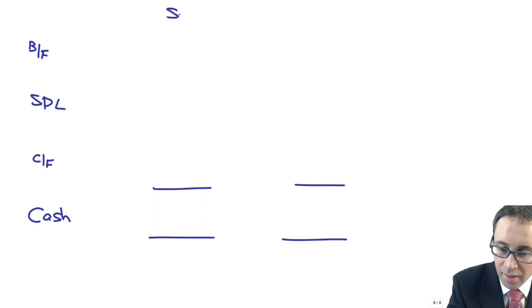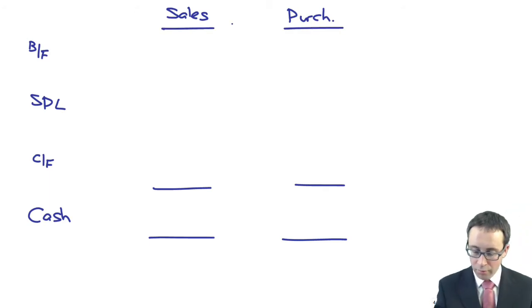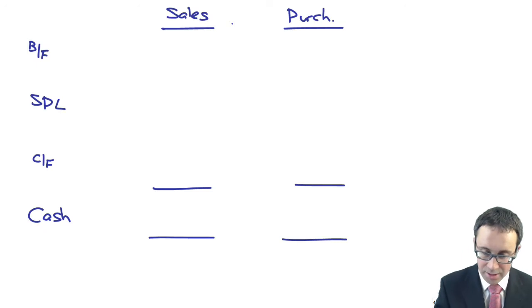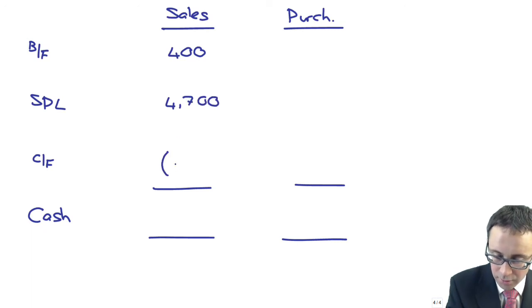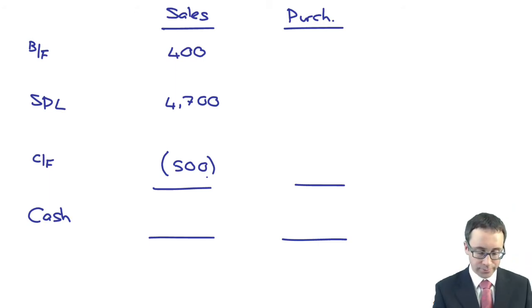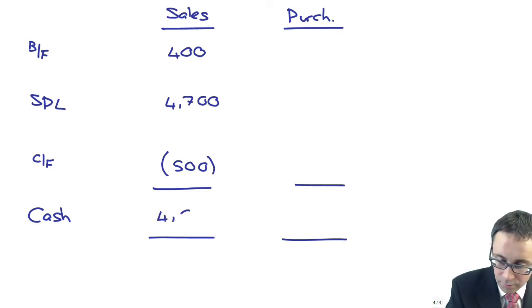Because we can think about your sales and your purchases. The brought forward figure related to your sales was your receivable at 400. The sales figure for the year was 4,700, and you can deduct the closing balance of 500. That gives you 4,600.